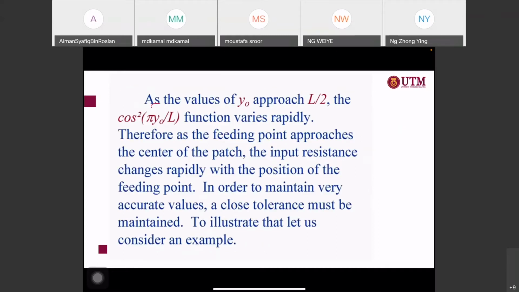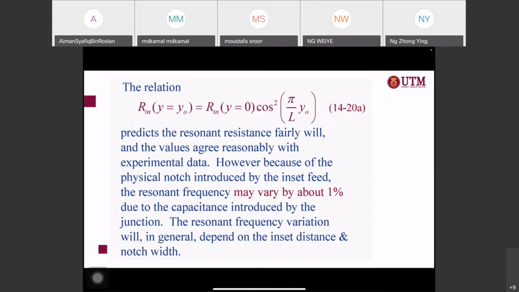As the value of y0 approaches L/2, the cosine function varies rapidly. Therefore, as the feeding point approaches the center of the patch, the input resistance changes rapidly with the position of the feeding point. So in order to maintain very accurate values, a close tolerance must be maintained. To illustrate that, let's consider an example here.